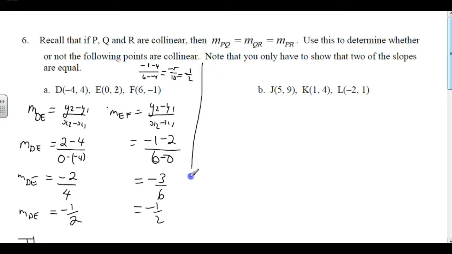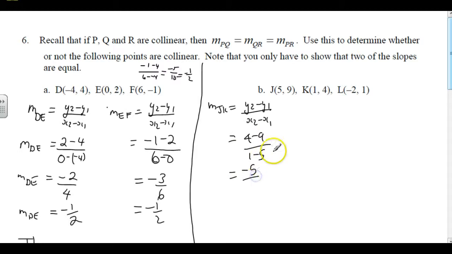And let's see if example 2 is not collinear. So the slope of JK is y2 minus y1 over x2 minus x1. So 4 minus 9 over 1 minus 5. Negative 5. 1 minus 5 is negative 4. So the slope is 5/4. That's the slope of JK.